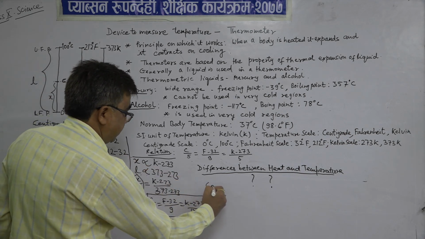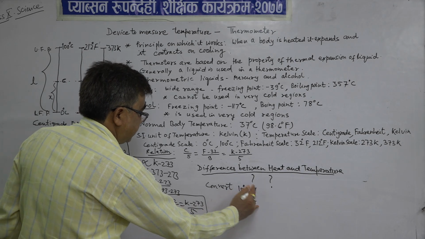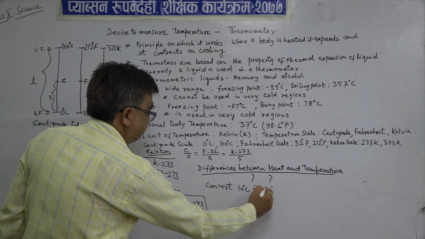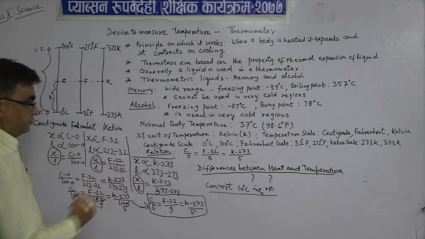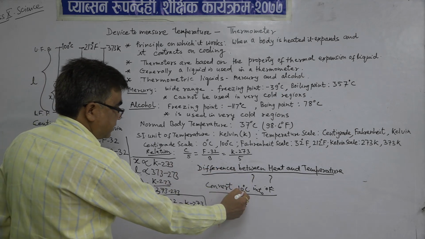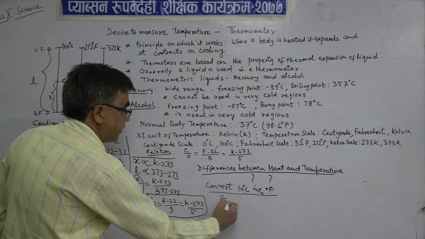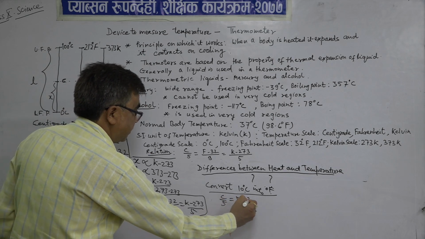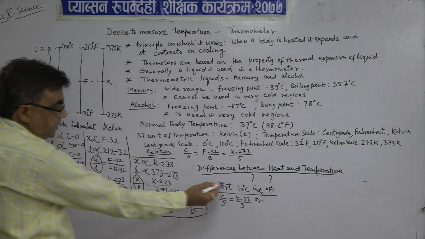Suppose you are asked, a very simple question I am writing, convert 10 degrees centigrade into the Fahrenheit scale. So what will you do? You will use this formula. Here we have to take only these two scales, centigrade and Fahrenheit. C upon 5 equals F minus 32 upon 9, where C is 10 degrees centigrade.